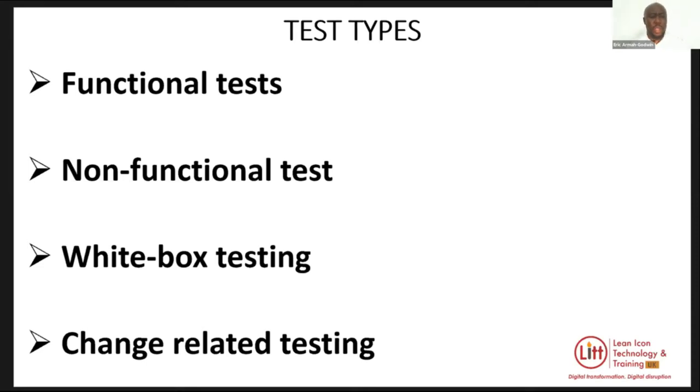So as I said, there are so many different types of tests, but I've put them in these groups to present to us. So functional, non-functional, white box testing. I'm sure somebody will be thinking about black box testing as well. And then there's the change-related testing.